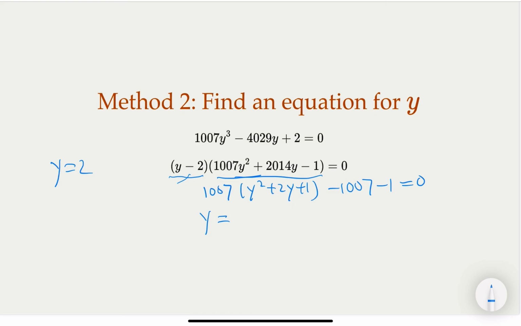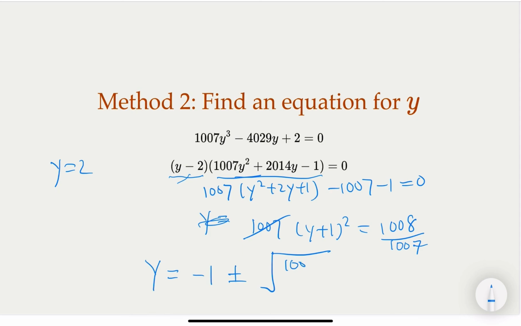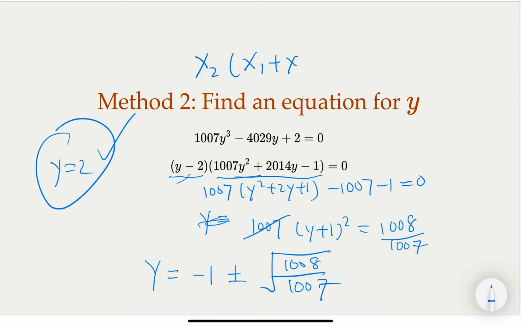So 1007 times (y plus 1) squared equals 1008, so y is negative 1 plus or minus square root of 1008 over 1007. You can make an argument that the correct answer we're looking for is y, which is x2 times (x1 plus x3), equal to 2 in this case, right?